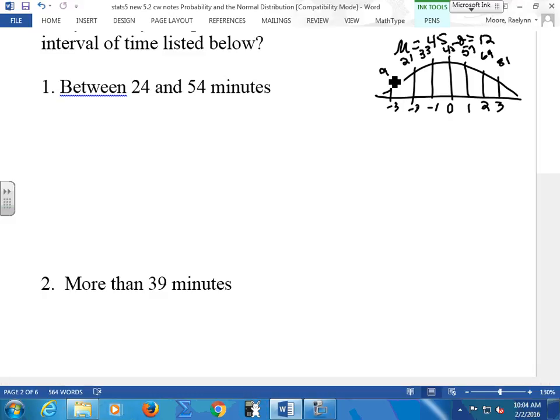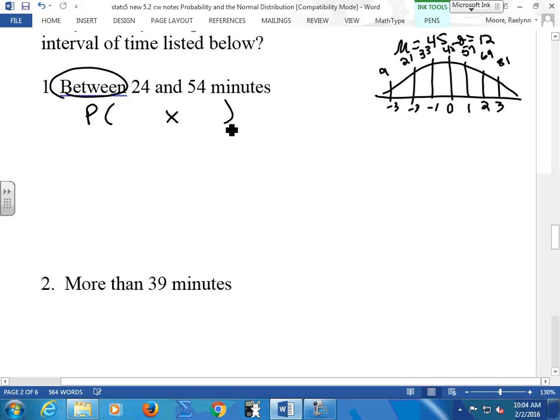Now, probability statement. I need to know what is between 24 and 54 minutes? X, good. These are my X values. Because it's in between, I put my X in between. So it's always a less than, my smaller, my larger.